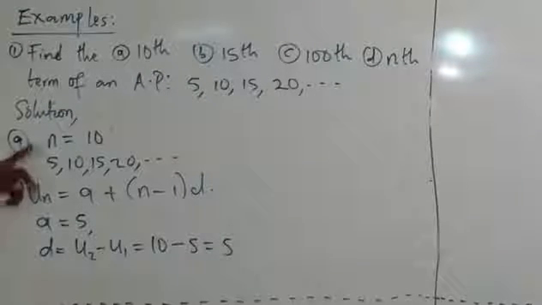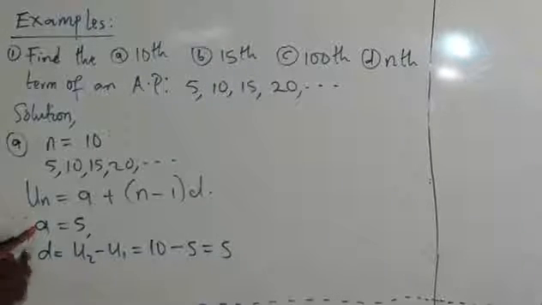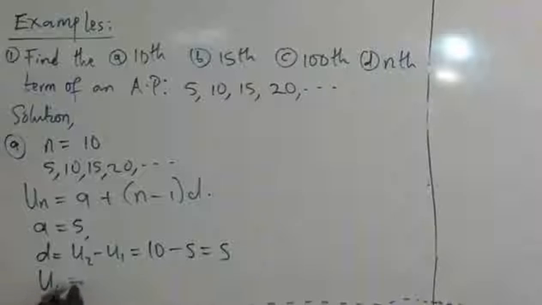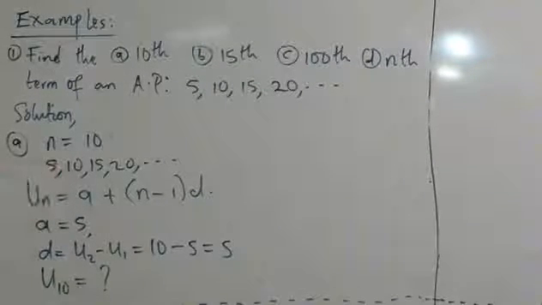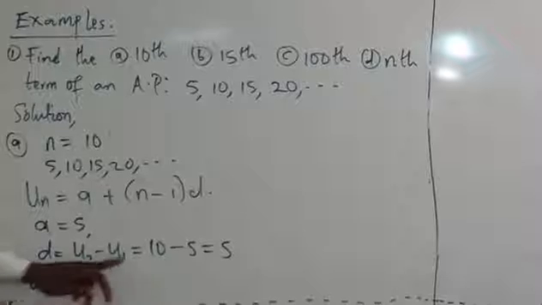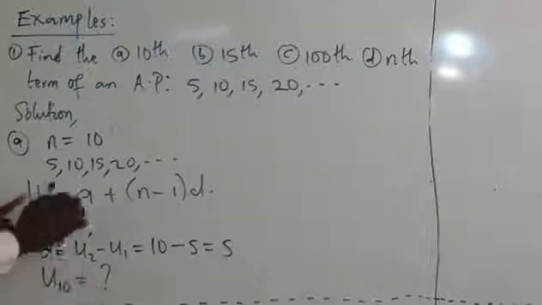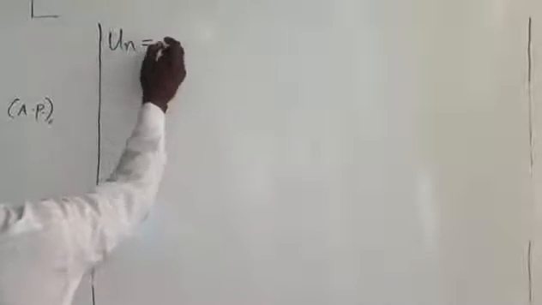So the number of terms is 10. u10 is unknown, that's what we are looking for. The first term is 5 from the question given. The common difference is 5.